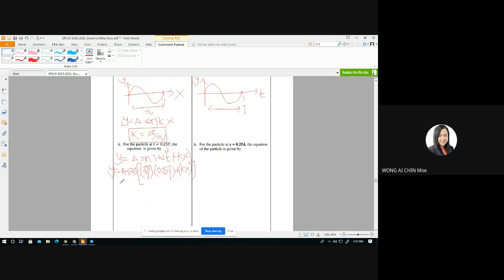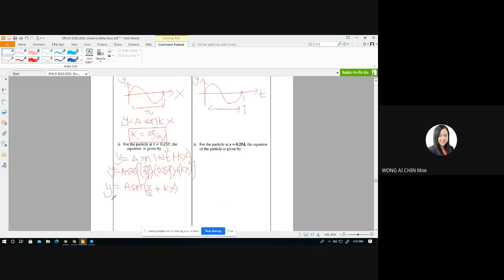If you cancel off T and T, you will get A sine of pi over 2 plus kx. So this is the equation that we get after we substitute t equals 0.25 period.